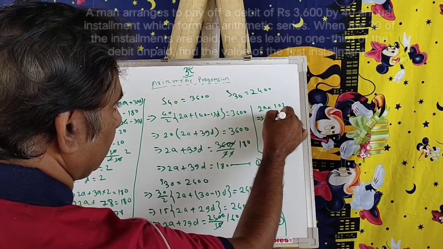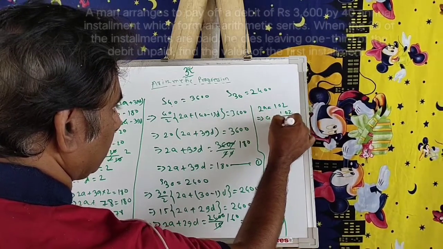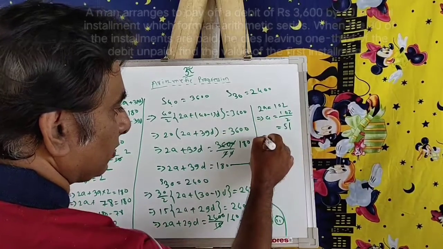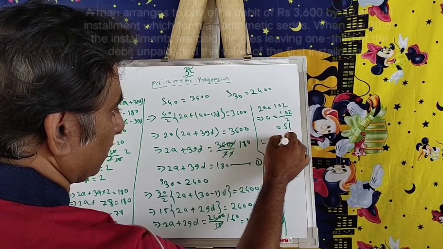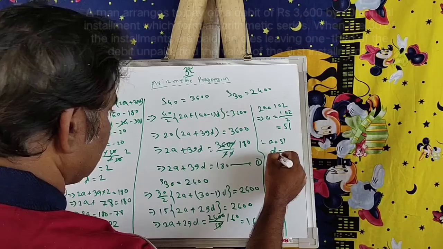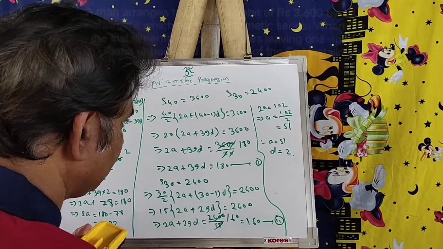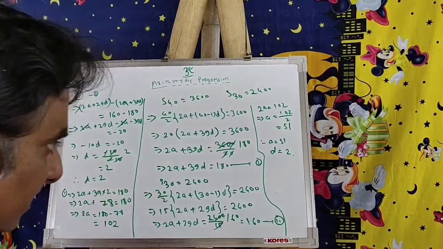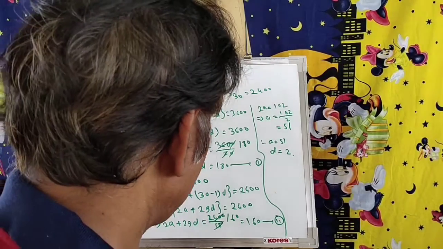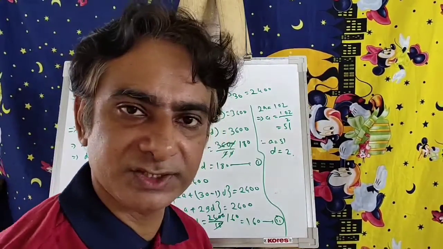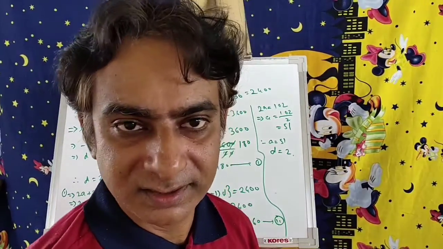This implies a equal to 102 by 2, that is 51. Therefore, a equal to 51 and d equal to 2. So, his plan was he would pay in the first installment rupees 51, the next installment 53, and the next installment 55, like that.